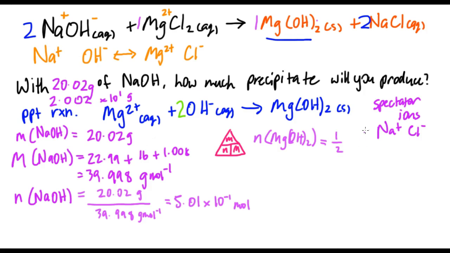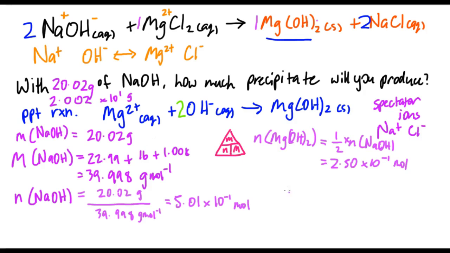So we know for every mole of sodium hydroxide, you will have half the number of moles of magnesium hydroxide. So if we halve the other value, we should get 2.50 by 10 to the negative 1 moles. So now we have the number of moles.